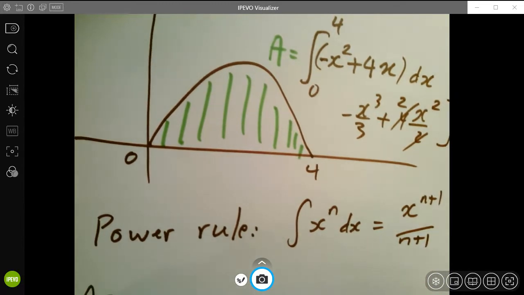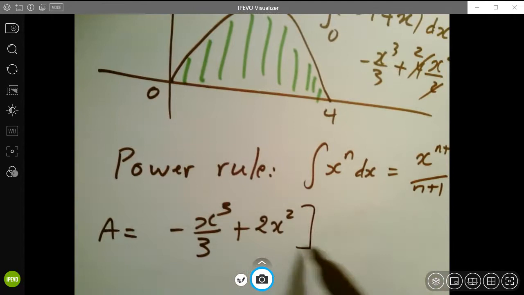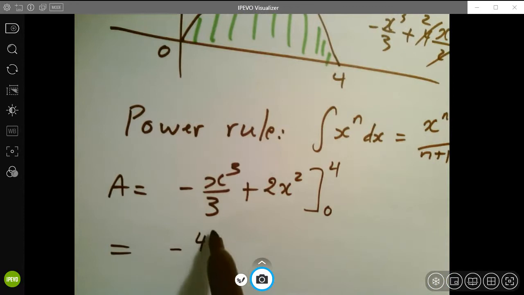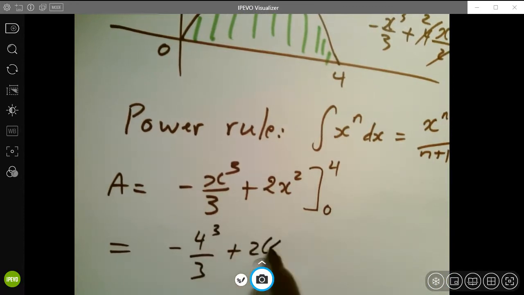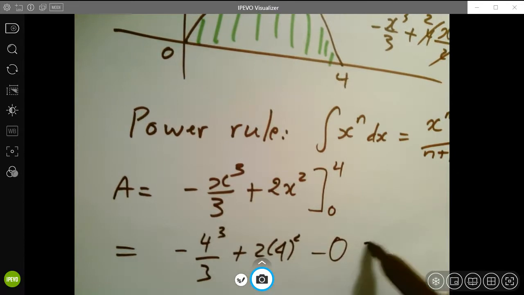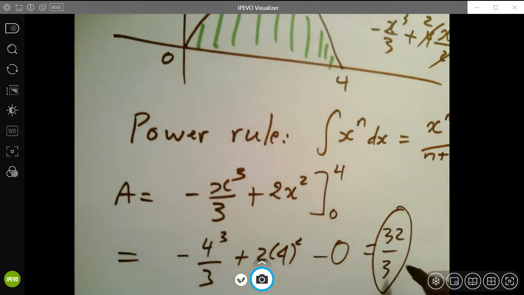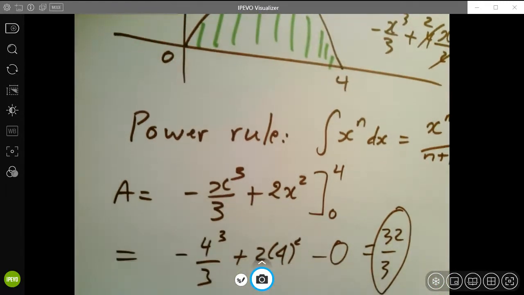So in other words, the area will be minus x cubed over 3, then you plug in 4. If you plug in 4, what you will get is minus 4 cubed over 3 plus 2 times 4 squared minus 0, which, if you do the math, will be 32 over 3. Okay, so anyway, let's solve the first problem, and you have a bunch of questions like this.